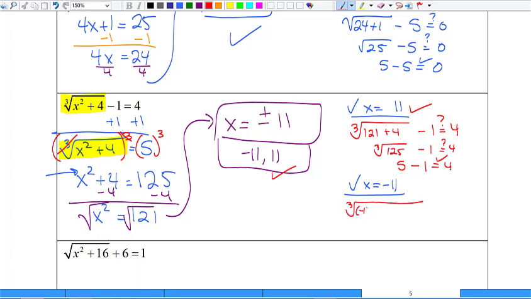On the next one, I'll plug in negative 11. Negative 11 times negative 11 is positive 121. Here we get the cube root of 125 less 1 equals 4. And look, it's the same as the original one up top, so that's 5 minus 1, which is 4.